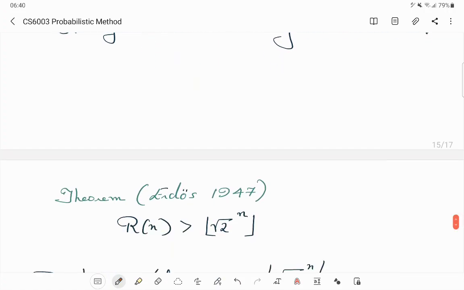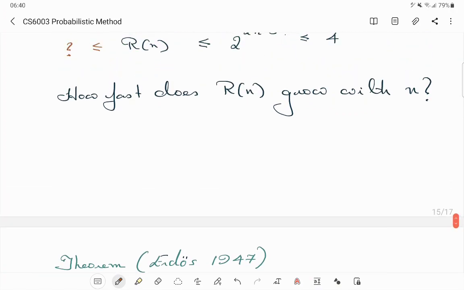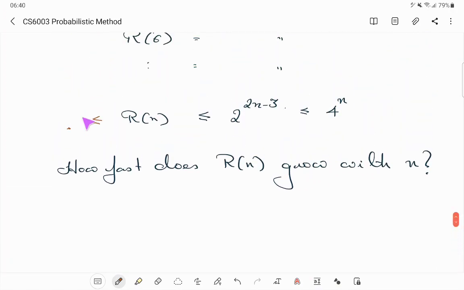And Erdős in 1947 showed that this lower bound is also exponential, but with a smaller constant there. It is root 2 to the power n versus 4 to the power n. Okay, so this is a significant difference if you think about it. If you try to plot these two numbers, you will see that the gap is very, very huge.